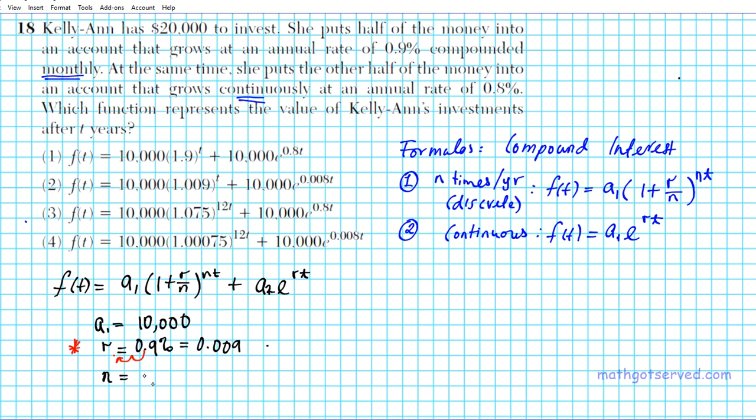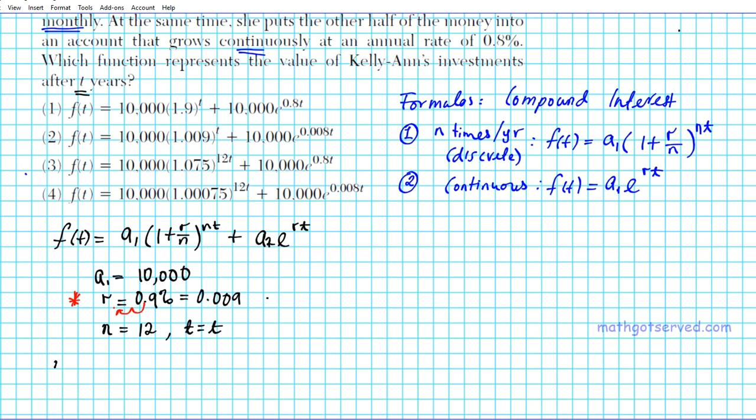Alrighty? And then n is the number of times per period, which is monthly. How many months are there in a year? There are 12 months in a year. And then our t value is just t, since we're looking for our investments after t years. Okay, so with this information, we can formulate the first balance of the account, which is a 10,000 investment in the discrete growth model.